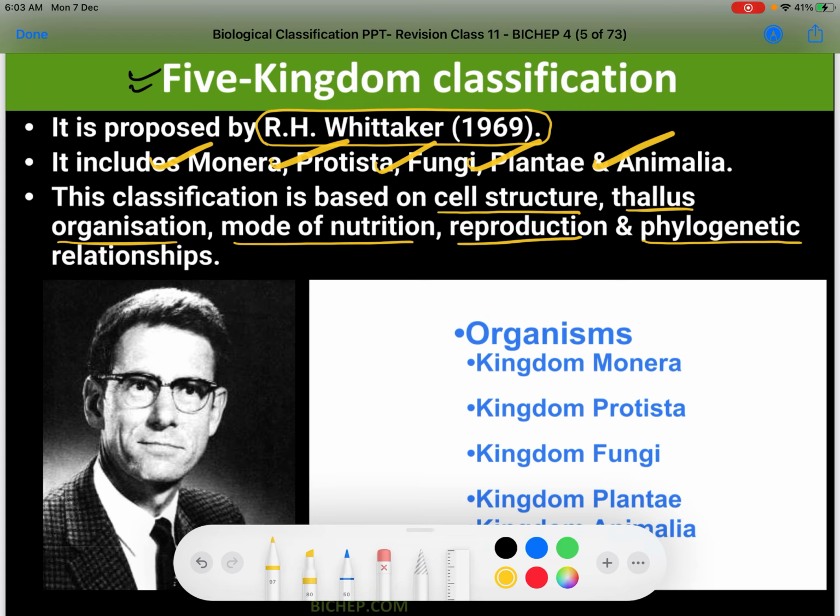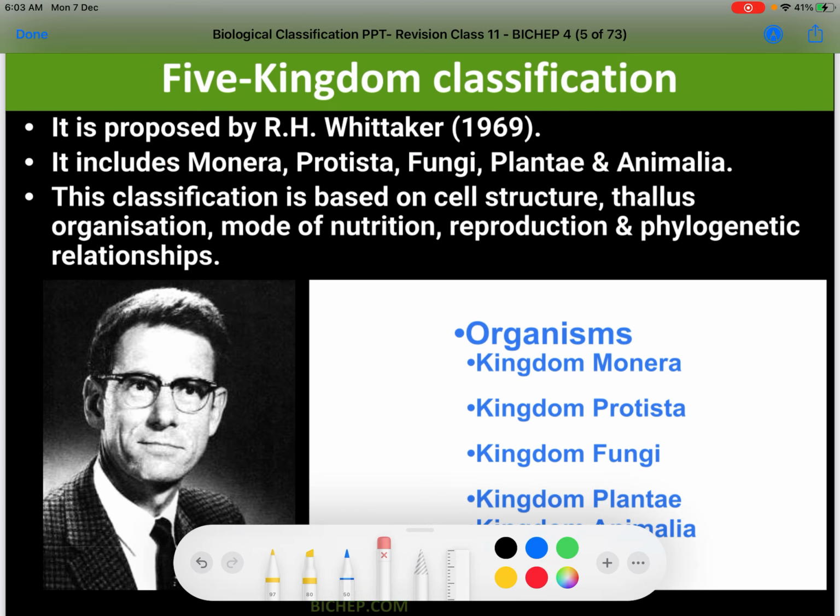Each of them I am going to explain later on. So these are a few basic points on which he started classifying various types of organisms.